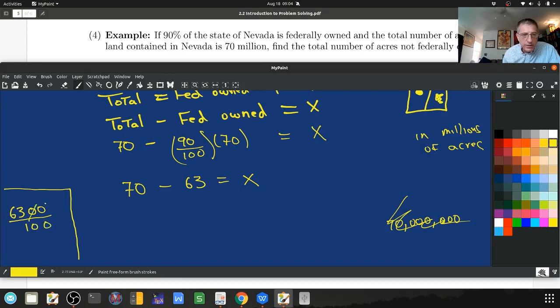So the answer, that's that old trick, is equal to 63. So 70 minus 63 is 7, is equal to X. X is in millions of acres, so the total amount of land not federally owned is 7 million acres.